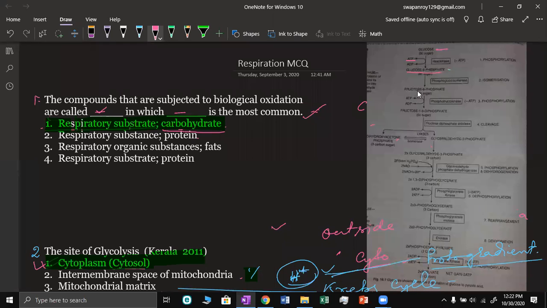Again, fructose 6 phosphate is converted into fructose diphosphate by the consumption of an ATP molecule.